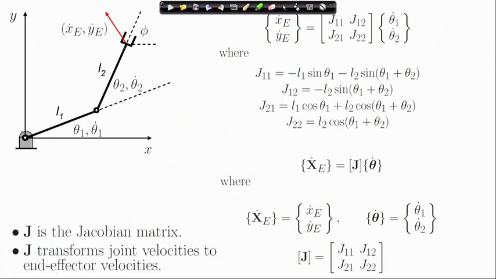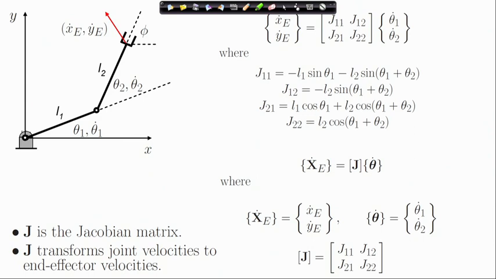So, this Jacobian, as I have mentioned, is now a matrix. In the case of a 2 degree of freedom RR manipulator, it is a 2 cross 2 matrix, and it transforms the joint velocities to the end effector velocities.